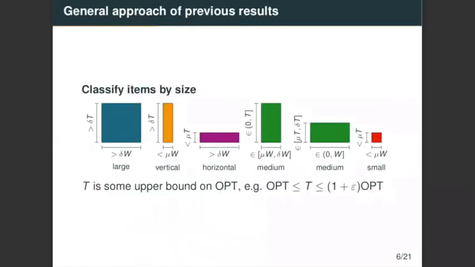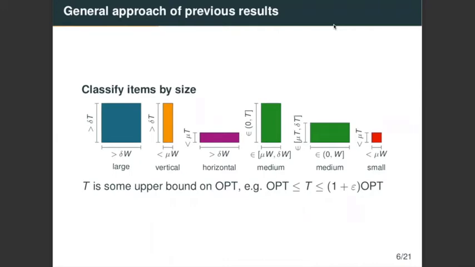A general approach to attack this problem is to classify the items by size. Consider mu and delta to be constant values from 0 to 1 such that mu is smaller than delta. Also assume that T is an upper bound on OPT such that T is less than or equal to (1 plus epsilon) OPT.